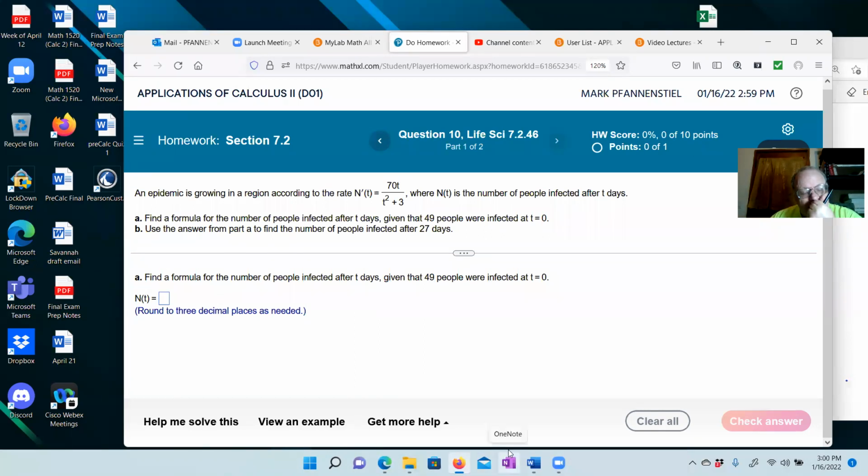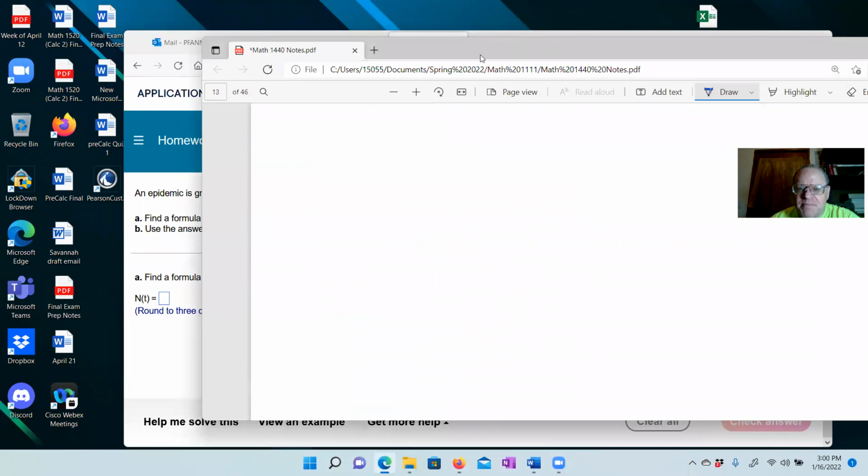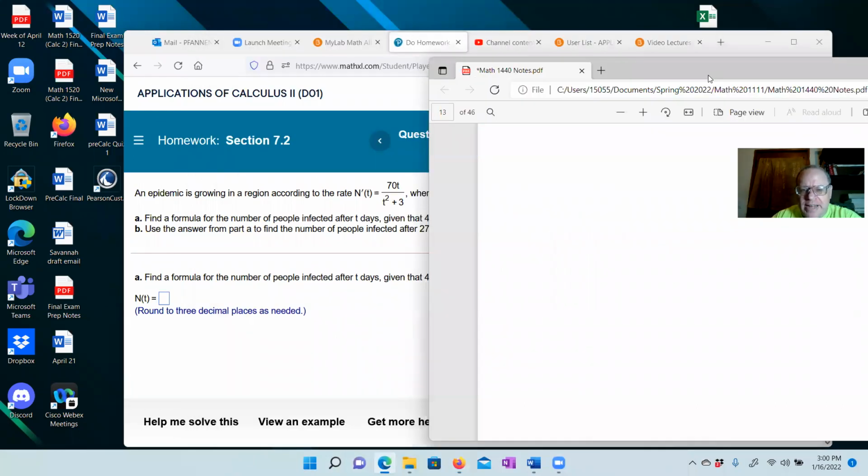So again, I don't like this denominator. That's usually a problem. So let's say we have to integrate N prime, this derivative here. This is the integral of 70t divided by t squared plus 3. I can't factor the denominator, so that throws out the one we did on the worksheet.